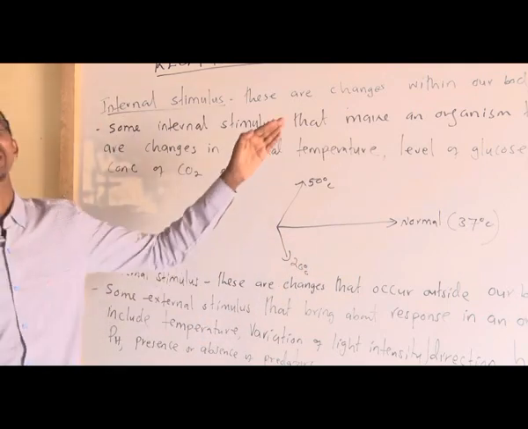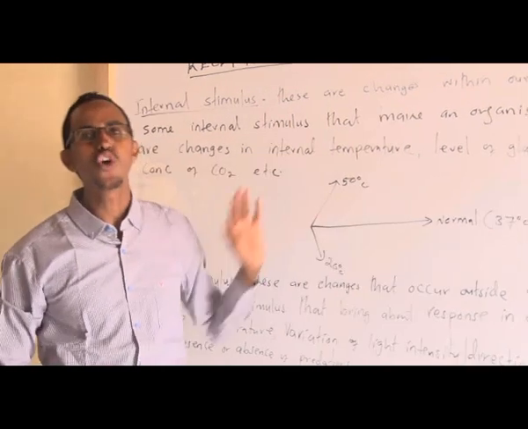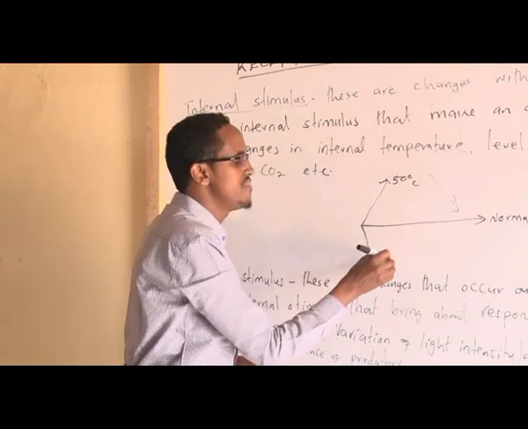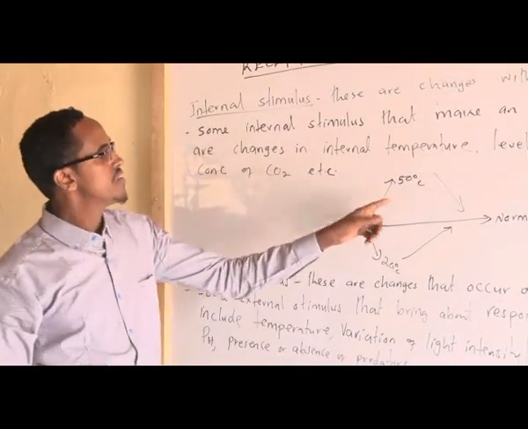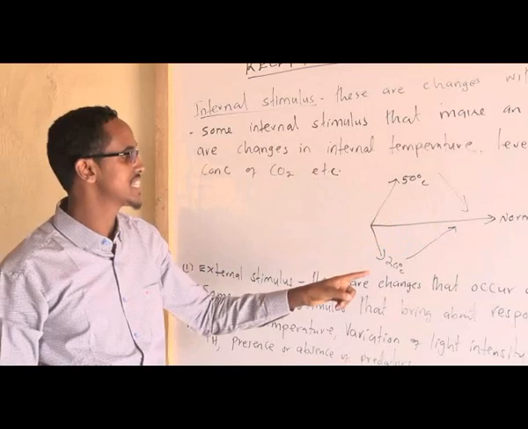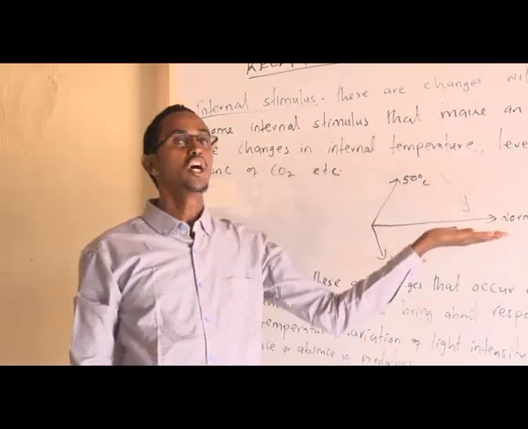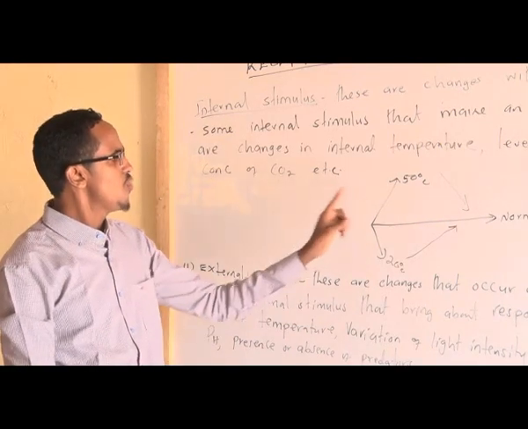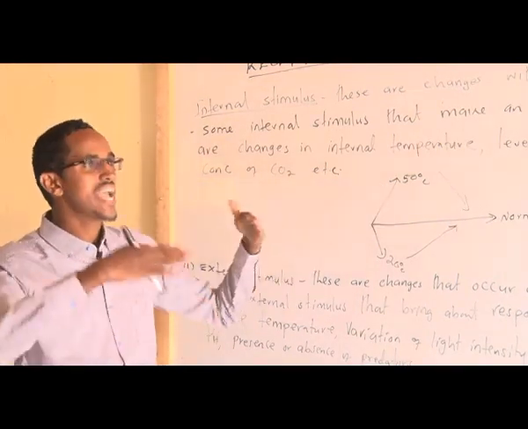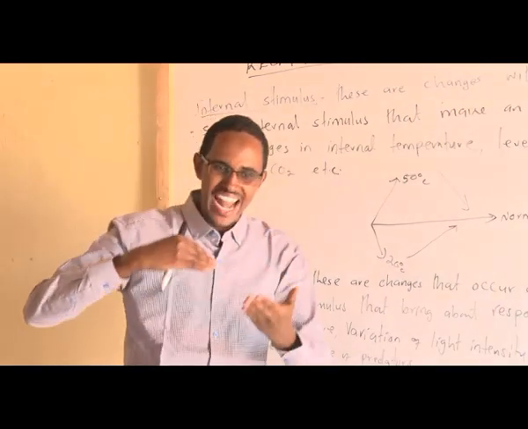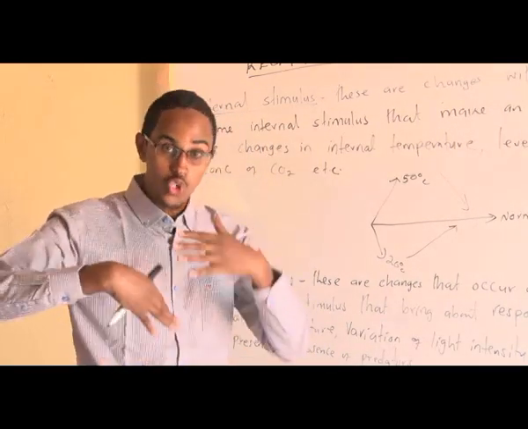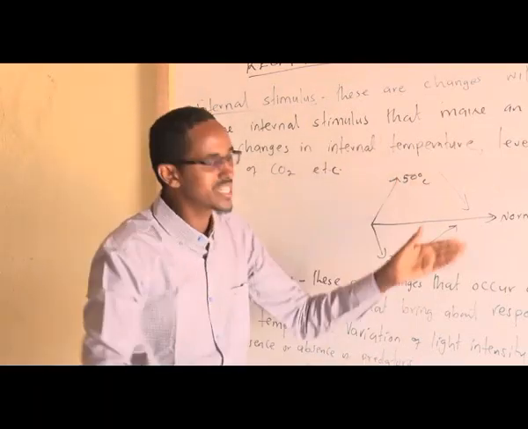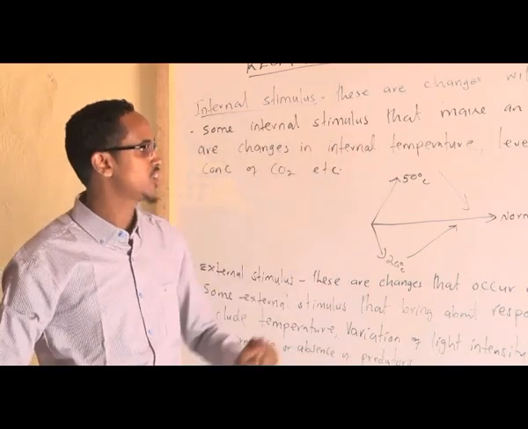Whenever this deviation happens, above or below the normal, a corrective mechanism must restore it back to 37 degrees Celsius. When the internal temperature goes up or down, our body changes its activity and brings the deviations back to normal.